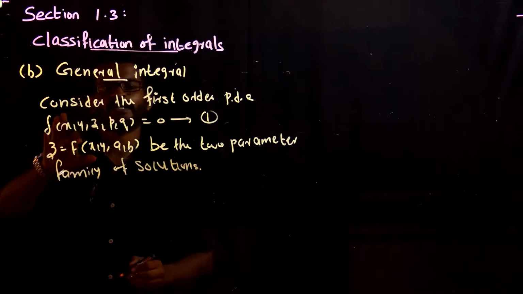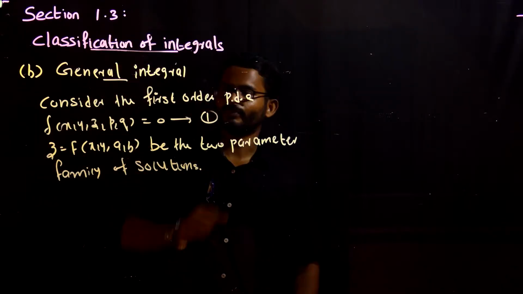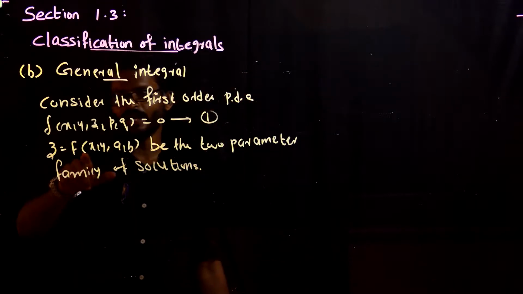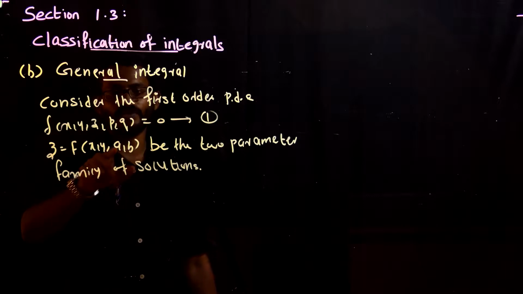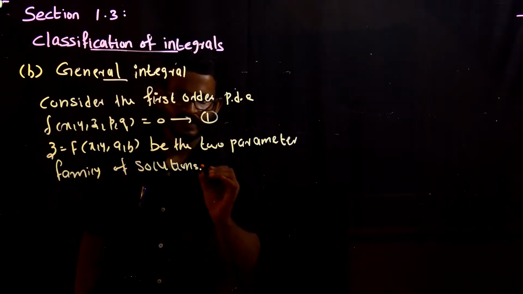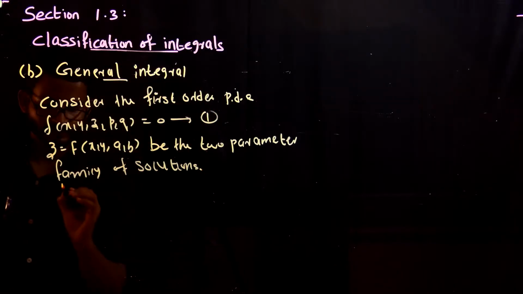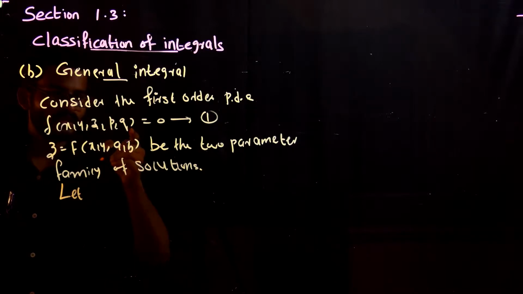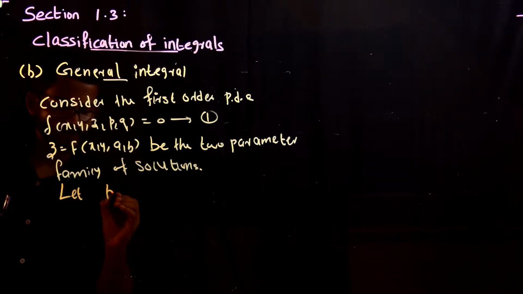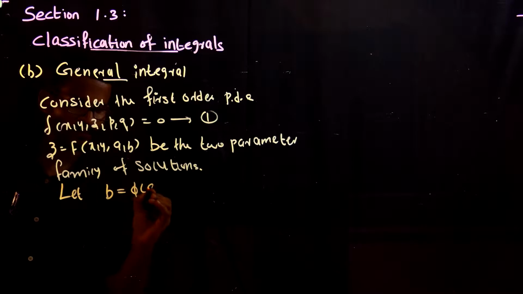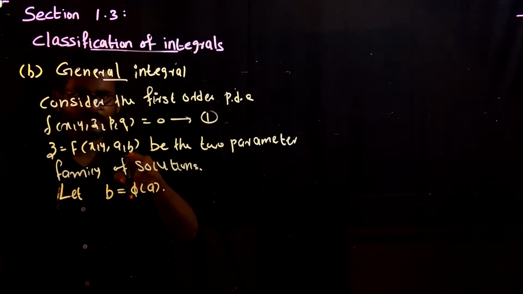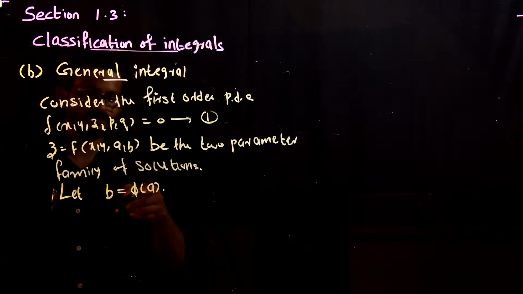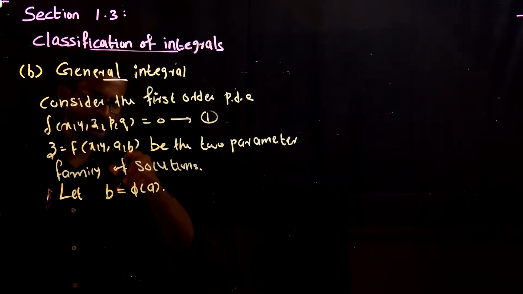Then we consider a two parameter family of solution z is equal to F of x, y, a, b, where a and b are two parameters, and let b be equal to phi of a. That is, we consider the parameter b as a function of a.